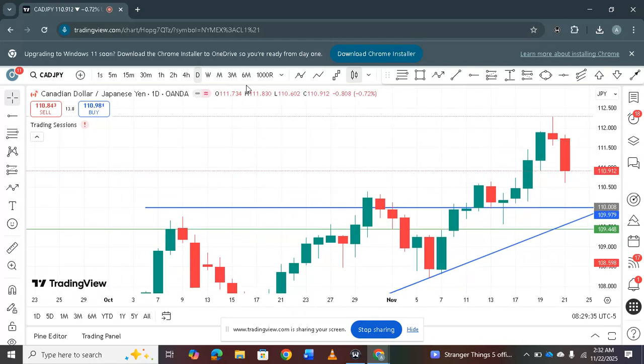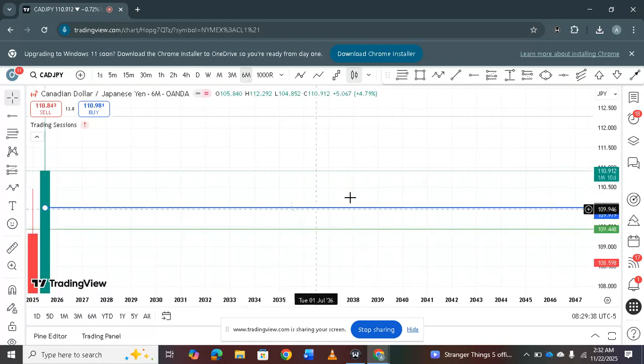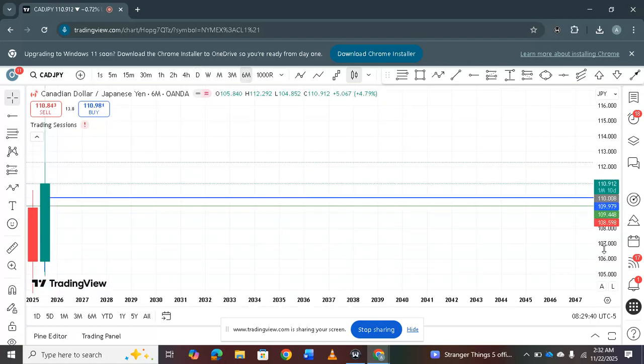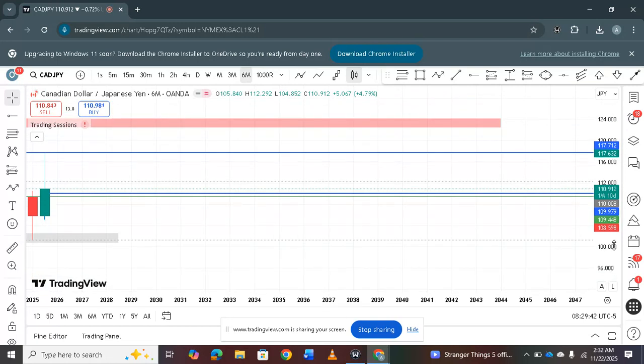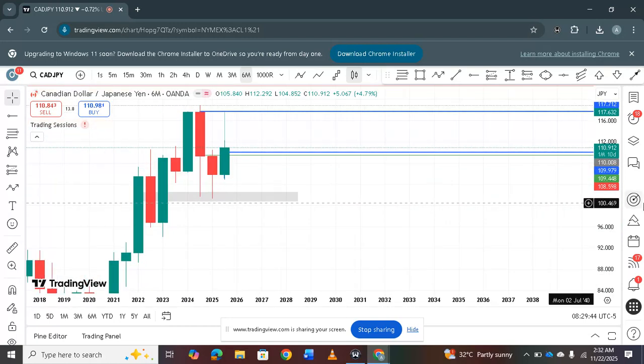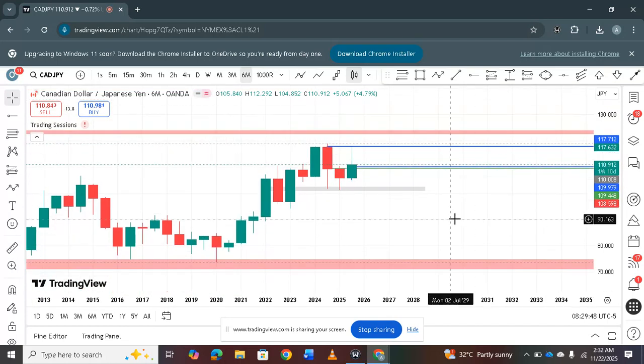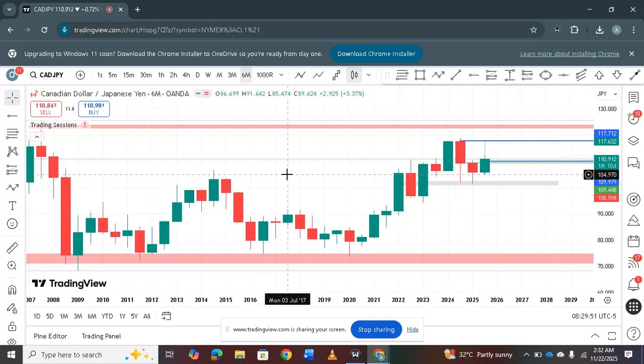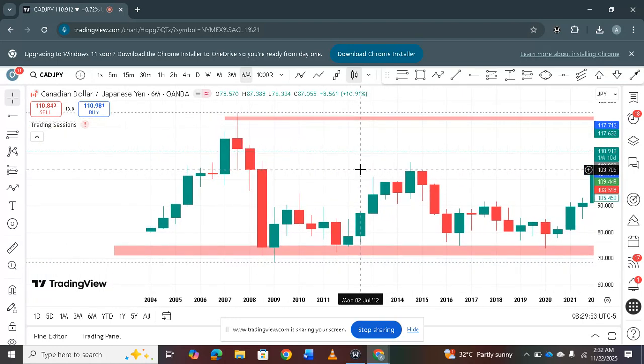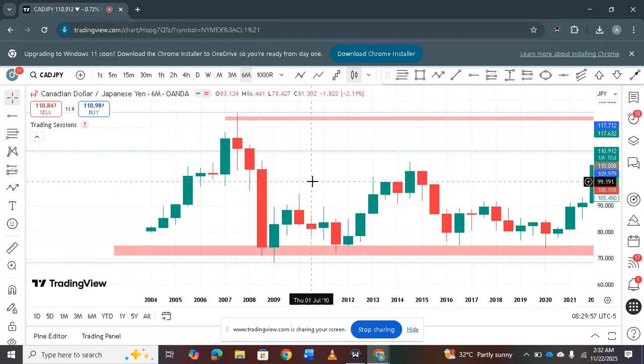Now, if we go back on the 6 month time frame, where I normally do, I know most people will say that this is kind of crazy, but you're going to know what the market is actually planning of doing, right?